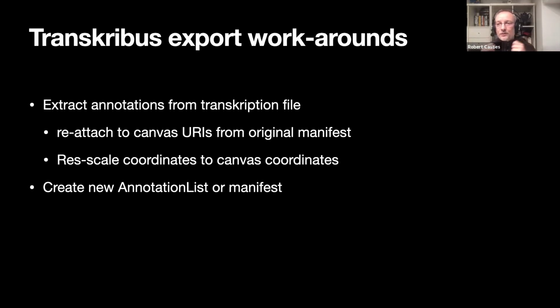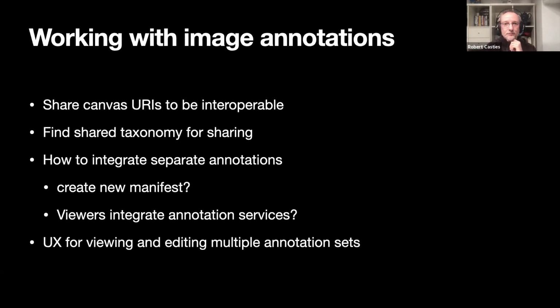This assumes that we have the original manifest with the original canvas and then try to refit it in some way. And if Transkribus changed the coordinate system relative to the canvas coordinate system, we have to rescale all the coordinates. And as Jeffrey knows, we first have to find out that they're using a different coordinate system, because it's not obvious. And then the script or whatever workaround could create a new annotation list or a complete manifest.